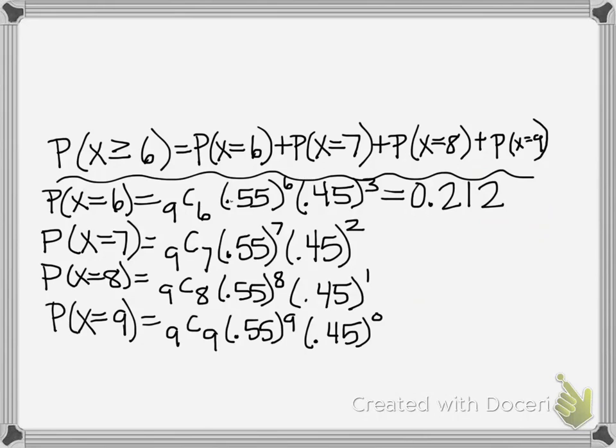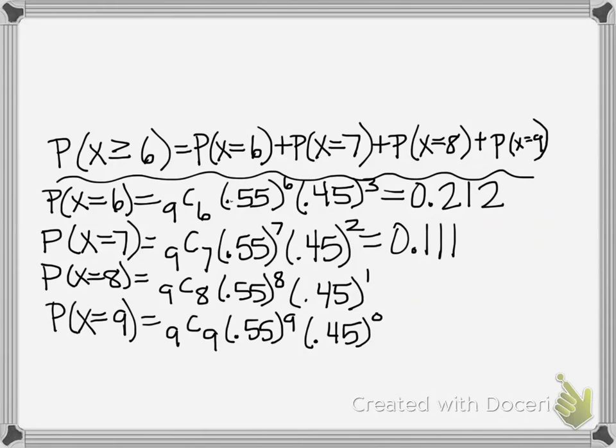So this 9 choose 7, there's 36 ways to do that. So 36, and then I'm going to multiply that by 0.55 to the 7th power and 0.45 to the 2nd power. And I get 0.11098, so we'll say 0.111.